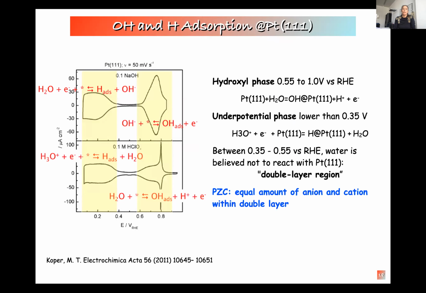This has been already observed clearly, changing the potential, so electrifying the interface, but within the double layer region, the water is believed not to react with platinum, and that would correspond to the potential of zero charge of this interface.